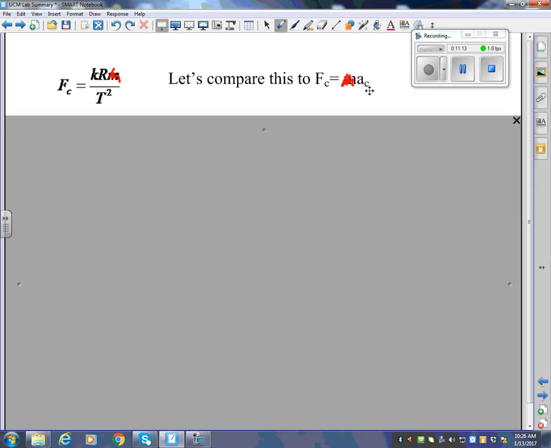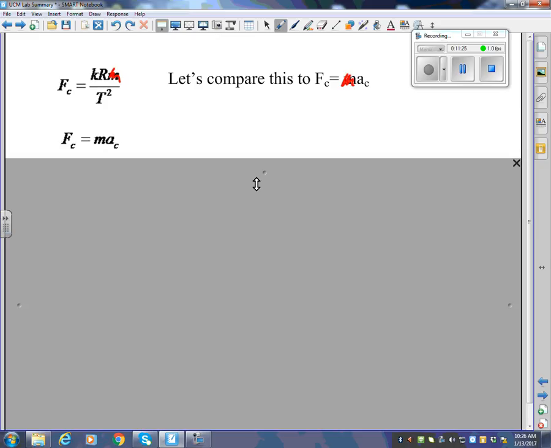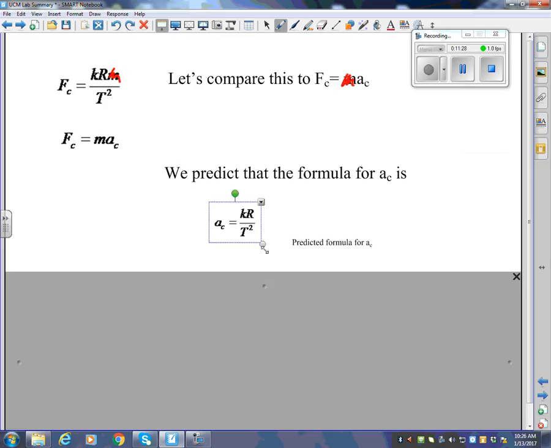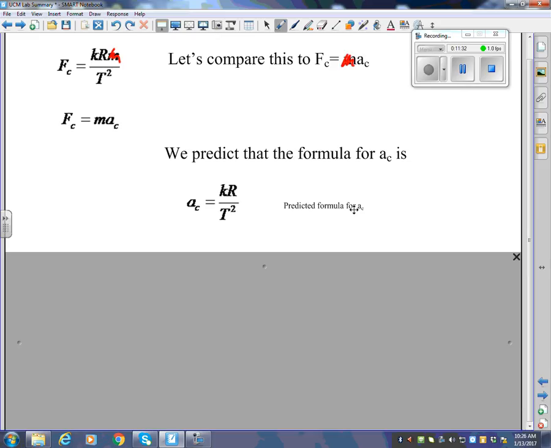Well, this ac is going to equal KR over T squared, right? Which is kind of why I put that Fc up there. So we're going to predict that our centripetal force formula is KR over T squared. And again, I'm going to get you to that K. What is that value of K?